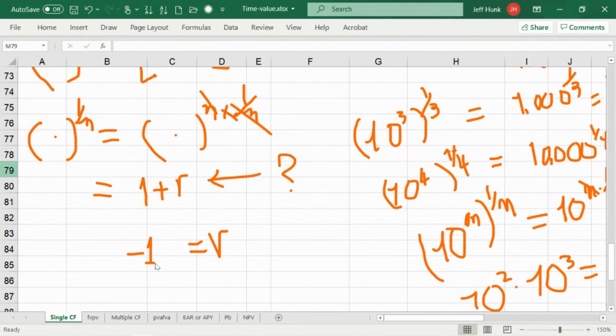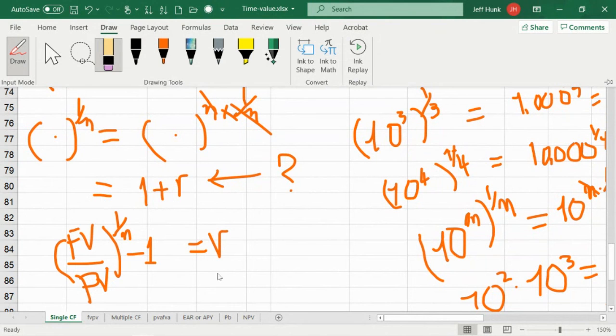So this 1 goes to the left-hand side as -1, and the left-hand side is (FV over PV) raised to 1 over N, right?